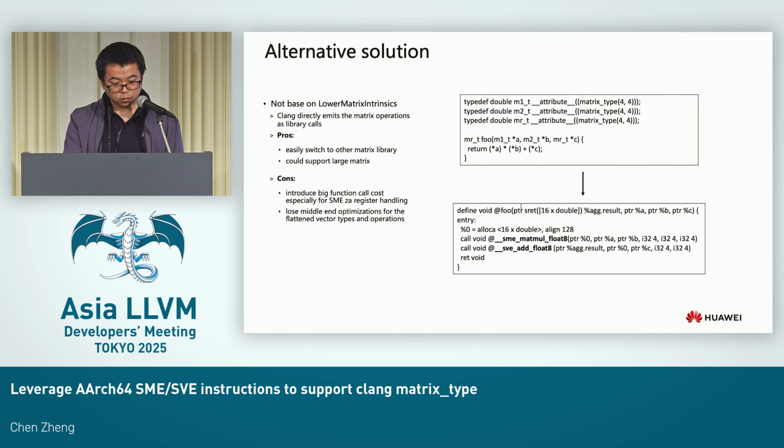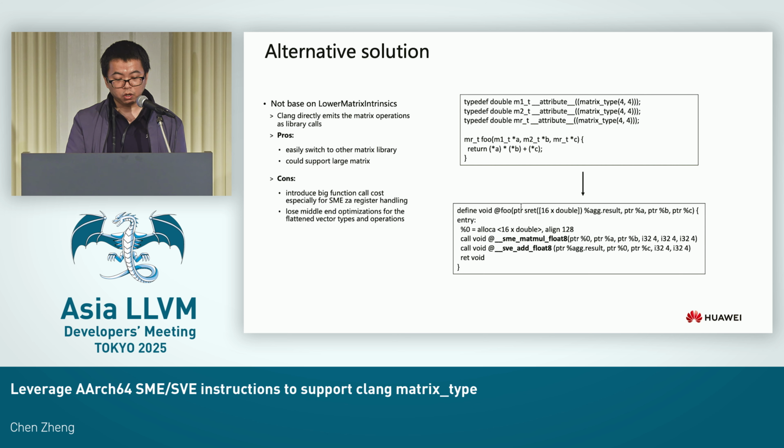Okay, this is my final slide. We also considered another solution for the SME lowering. It is not based on the existing lower matrix intrinsic path. It is in the Clang frontend. Because it has some advantages, right?